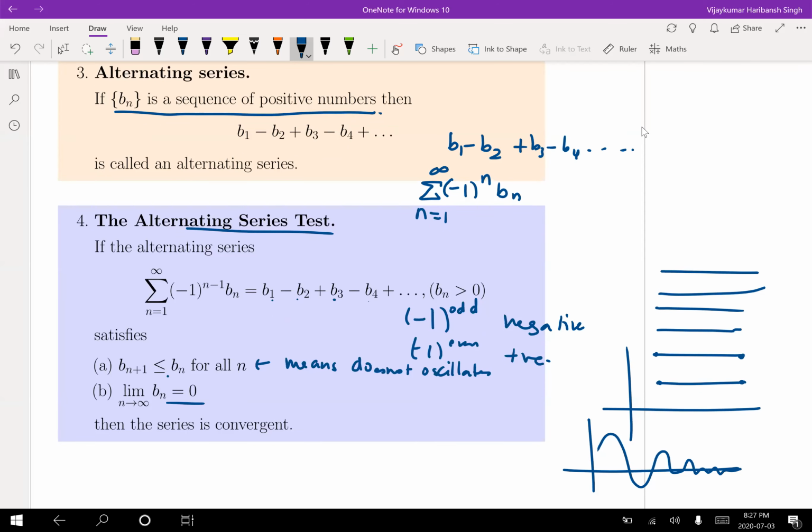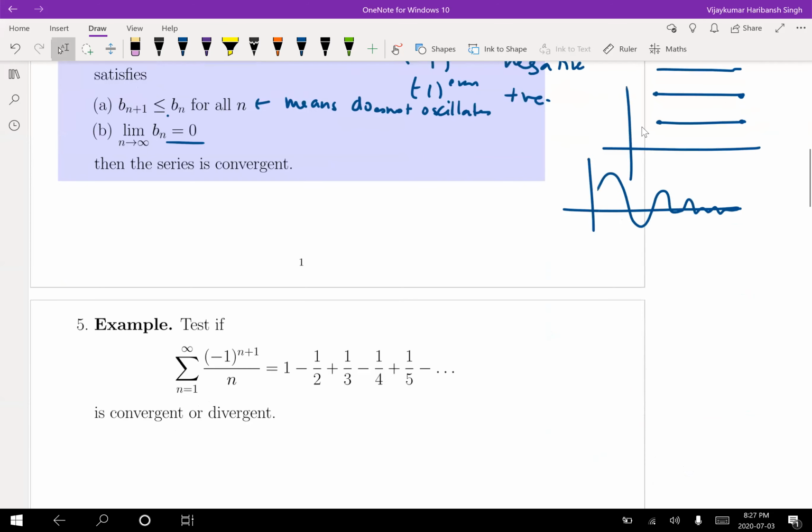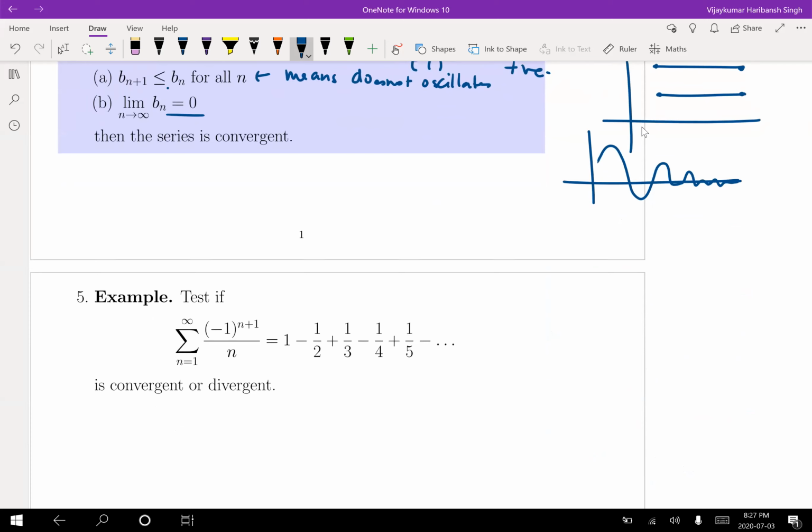Okay, so let's look at an example. Test the following series for convergence. First of all, you need to check: is it alternating? Yes, it is. It is of the form summation n equals 1 to infinity of minus 1 to the power n plus 1 times bn, where bn is 1 over n.